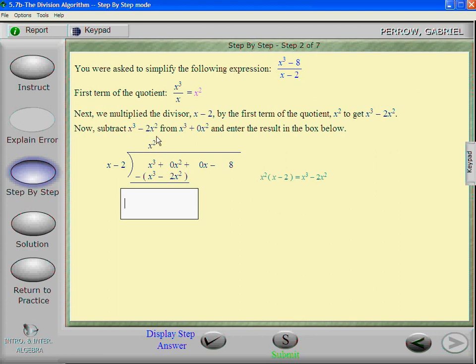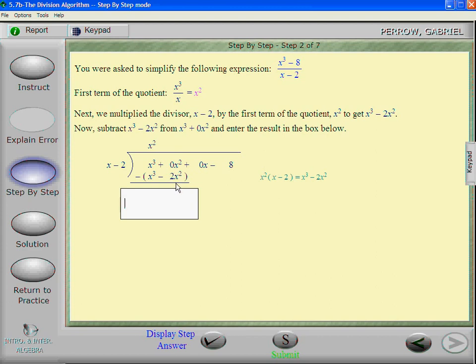Okay, that first piece goes up above where the answers go. X squared gets multiplied with x, and they'll multiply with -2, which they do off to the side over here. They find x cubed minus 2x squared. That's what goes underneath. And see how this placeholder keeps things lined up.